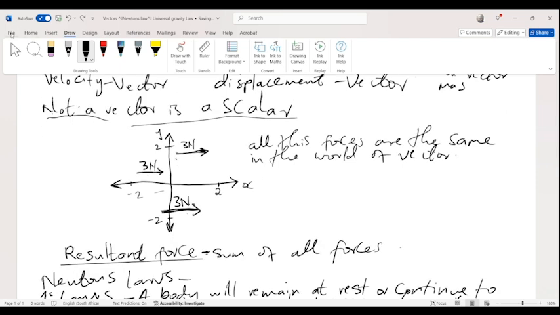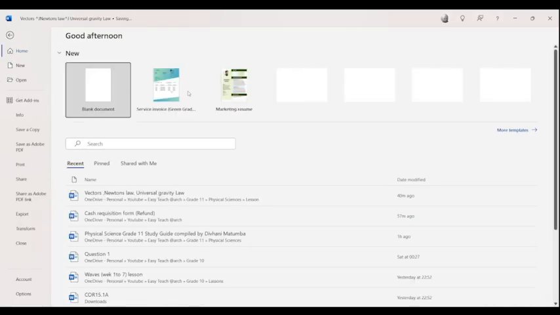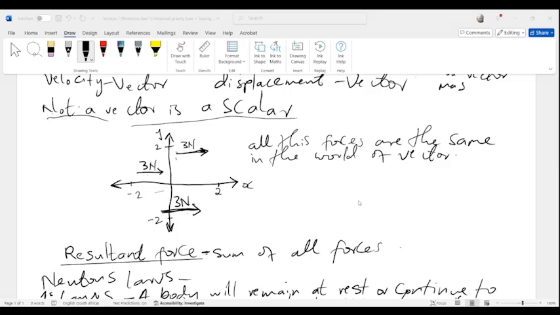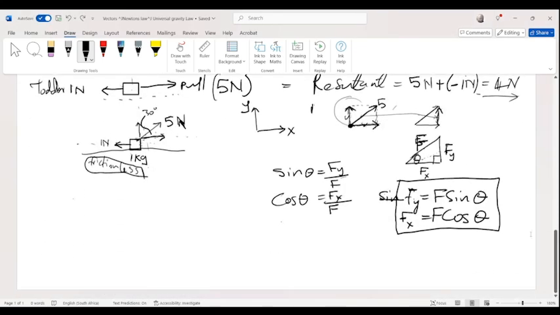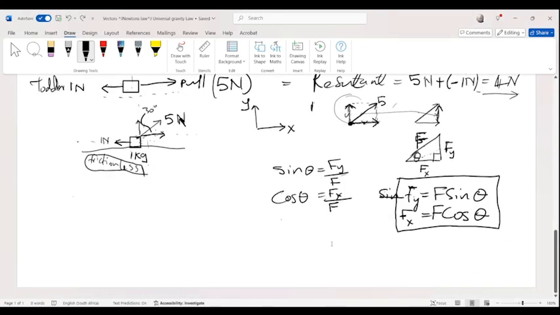Okay, I'm gonna open another blank page. So what we know is that the x components. Let us deal with the x force components.